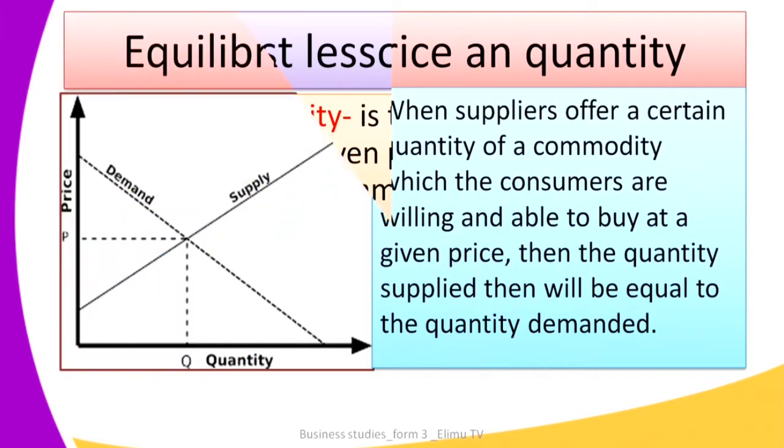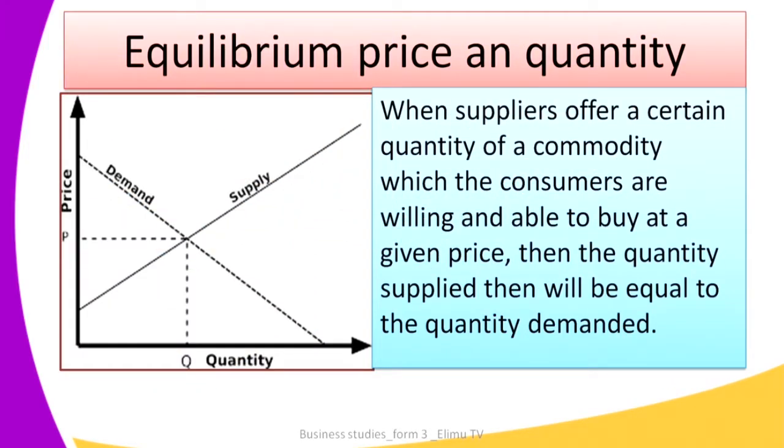The other task was to use a diagram to illustrate equilibrium price and quantity. That diagram illustrates the equilibrium point where we get the equilibrium price as well as the equilibrium quantity. It is the point where the demand curve cuts the supply curve.